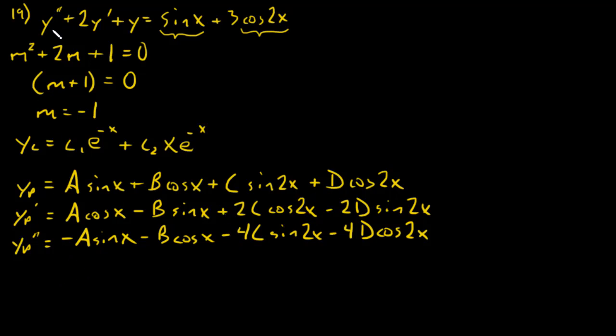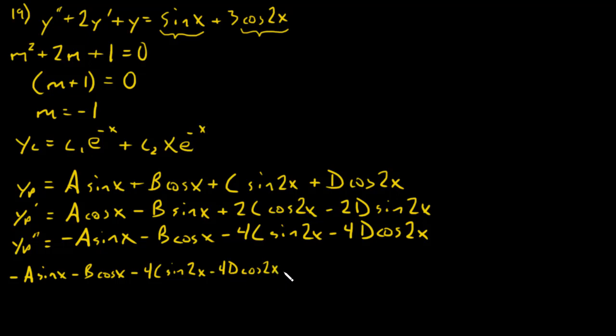Here we go. Y double prime. This is going to be over 3 lines, so it's just going to have to be that way. I'm going to write it down here and then I'll erase it so I don't have to write it twice. Y sub p double prime: minus a sine x minus b cosine x minus 4c sine 2x minus 4d cosine 2x.